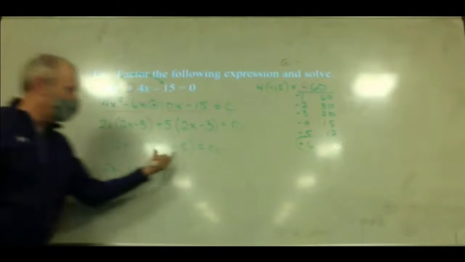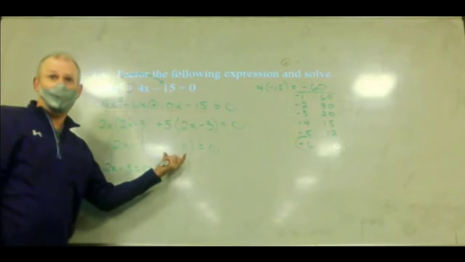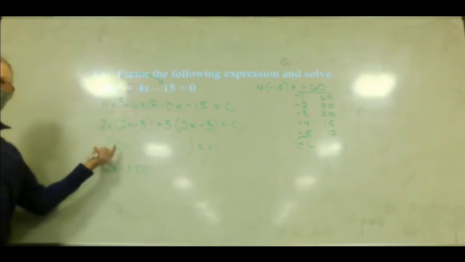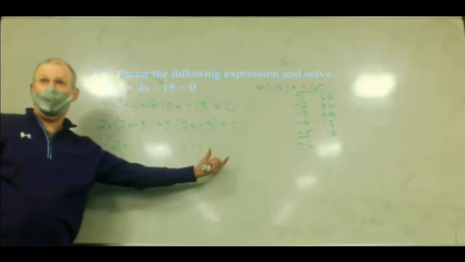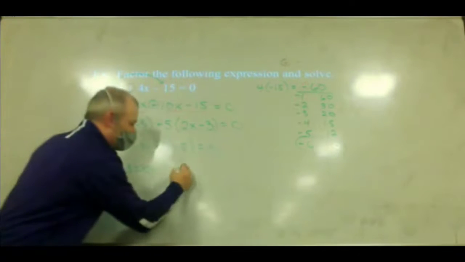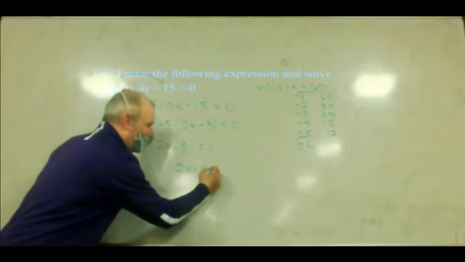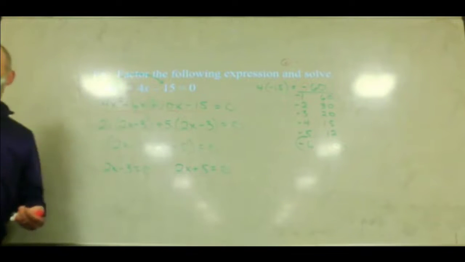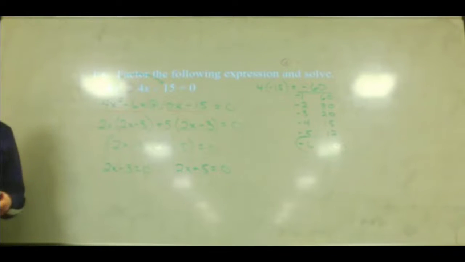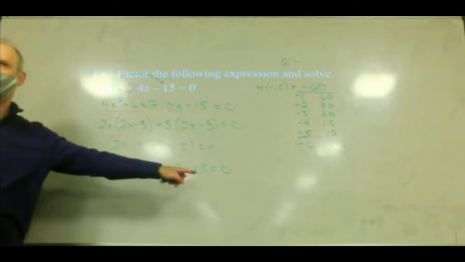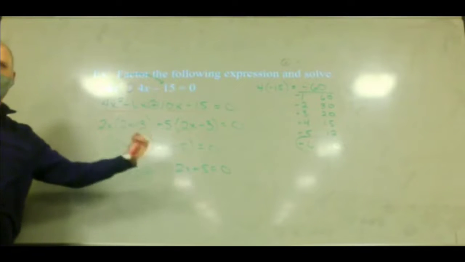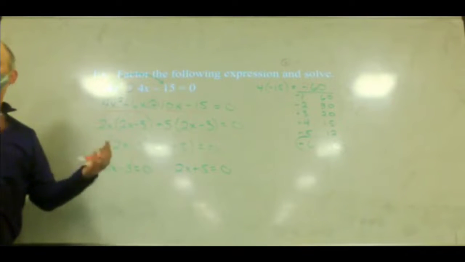Also, if this part equals 0, and I multiply it by this, whatever this is, that will also equal 0, right? So our other option is 2x plus 5 equals 0. That's going to make it true. So the easy way to remember that is you just take each of these factors and set them equal to 0. Anytime you factor, set them equal to 0, and then you're going to solve.